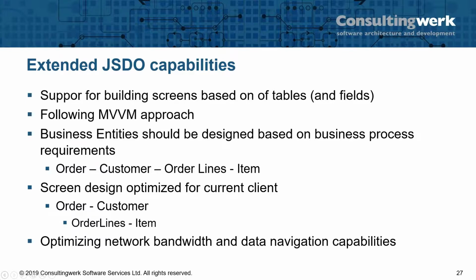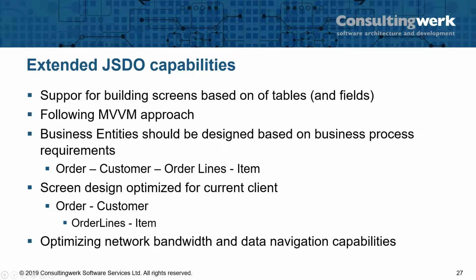We have some capabilities in the JSDO through our specific approach here. We can support building screens based on any tables and fields that we have in the business entity. We're following the MVVM approach there. MVVM is one of these screen design architectures like MVC or MVP.